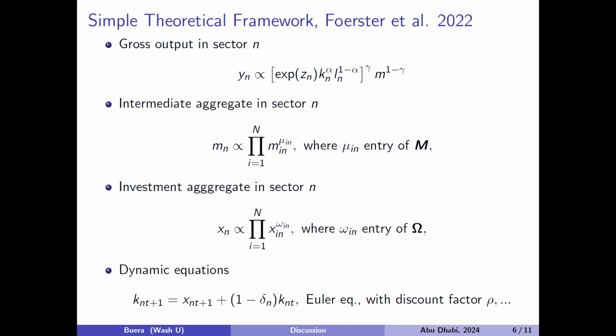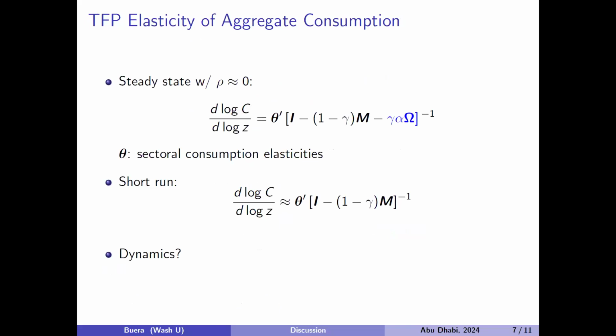I'm ignoring the fact that factor intensity might change across sectors. They also assume factor intensities in the quantitative analysis, and we just ignore these differences to keep the presentation from getting ugly.